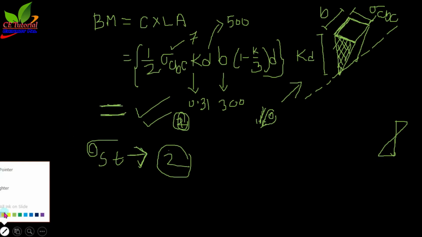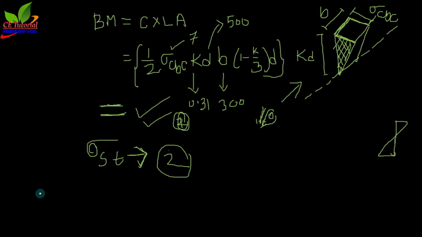So bending moment, we can write that. Bending moment equals 0.5, and the sigma CBC value is 7, multiplied by KD, and our K value is 0.31.